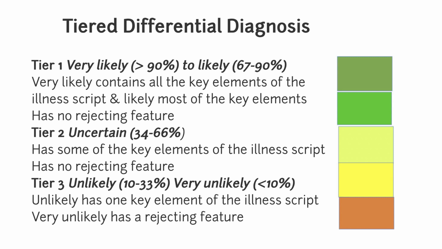If the disease possibility has some of the key elements of the illness script and no rejecting factors, it is placed in Tier 2, uncertain, 34 to 66%. And finally, if the possible diagnosis has only one key element of the illness script, it is placed in Tier 3, or unlikely, with a pretest probability varying from 33 to 1%.